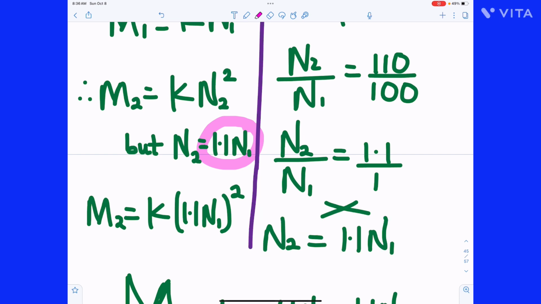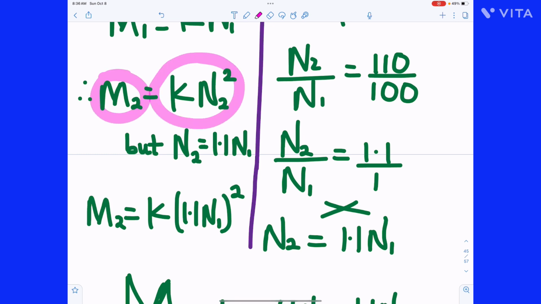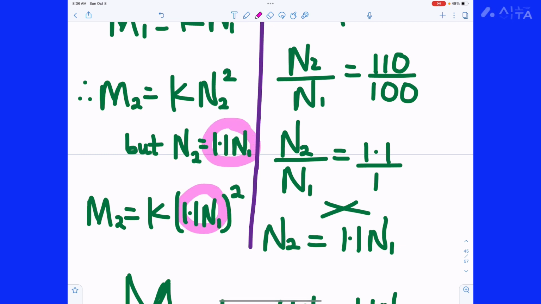So in this place where we have m2 is equal to k times n2 squared, I'm going to go ahead and put 1.1 n1 where I have n2. So that means m2 will now be equal to k times 1.1 n1 all squared.